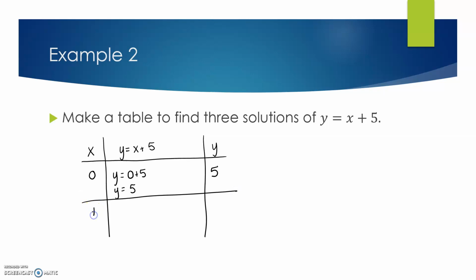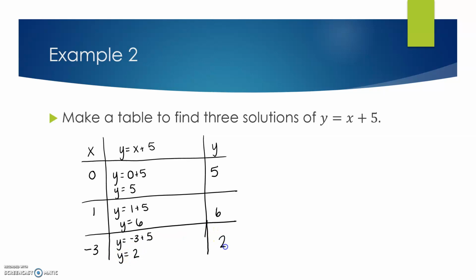I'll pick 1. So I've got y equals 1 plus 5, so y equals 6. All right, there's another value. I need one more. I'm going to pick -3 just because I can. Y equals -3 plus 5. And that would give me 2.